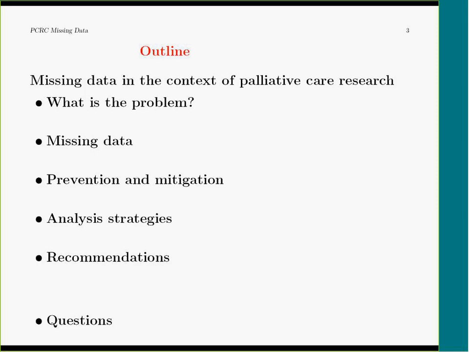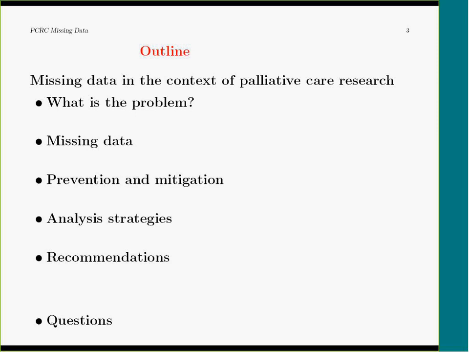So here's my outline. I'm going to first talk about what the problem is and give a little bit of definitions about types of missing data. I'm going to really go into some prevention and mitigation strategies, talk about possible analyses, and then make my final recommendations.